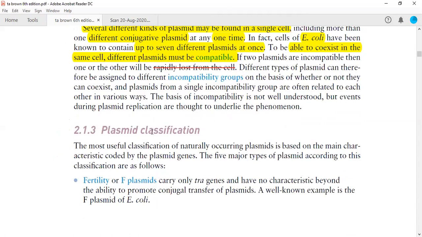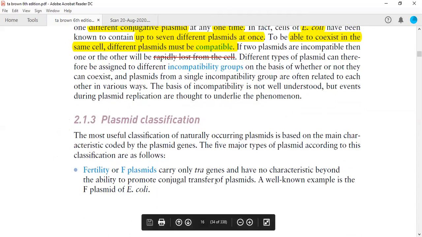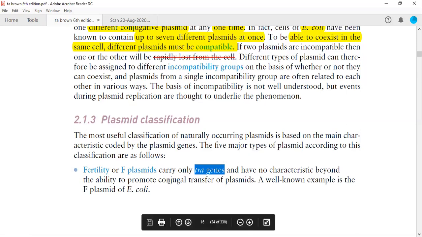Then there is a section in this book which describes what F plasmids are. F for fertility plasmid, because these F plasmids have the transfer genes, or tra genes, which we have discussed in the above text. They have no characteristic beyond the ability to promote the conjugal transfer of the plasmid.